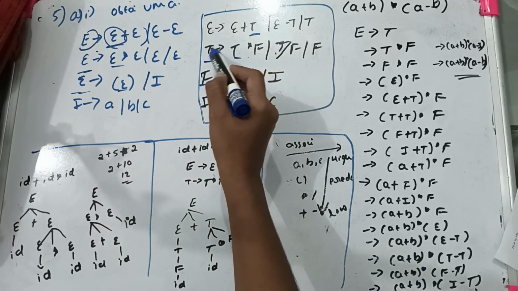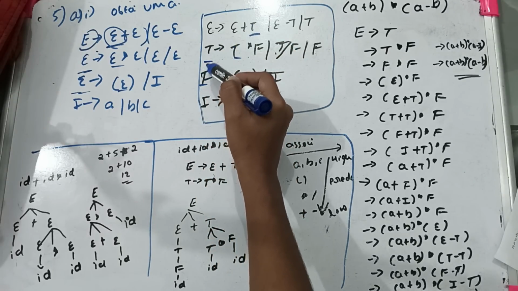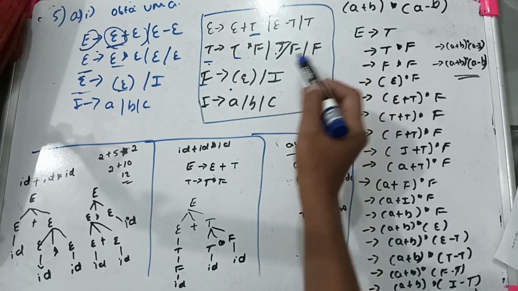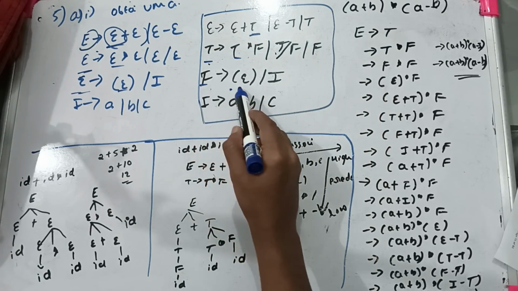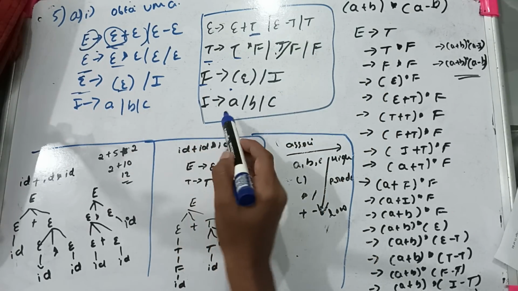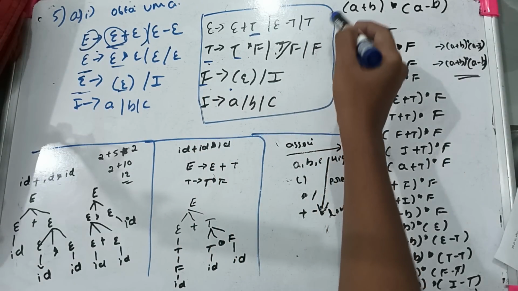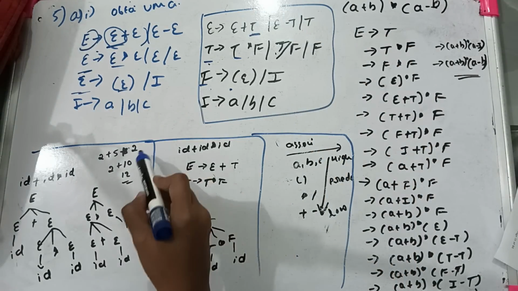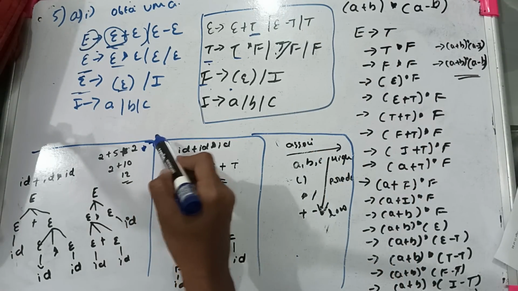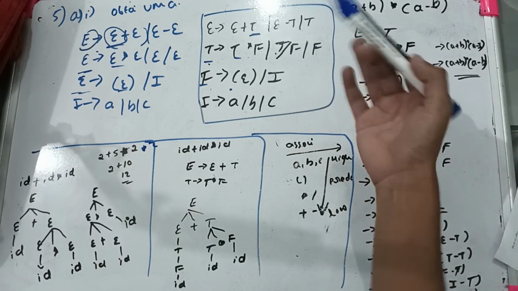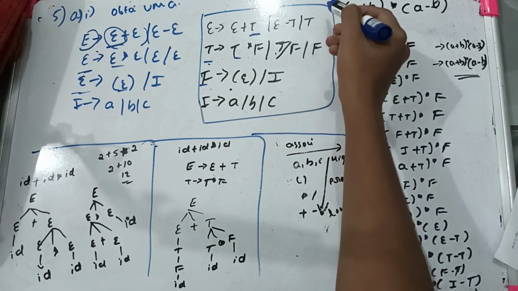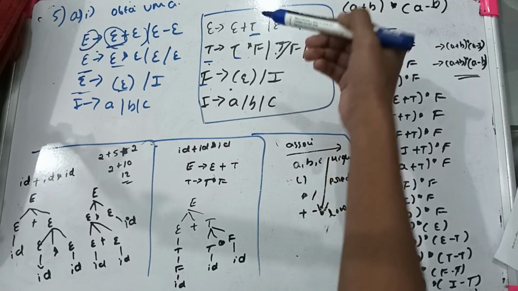Then I introduced T here, T star F, and T divides F, and F gives parenthesis E, and this is the same as it is. And why this T and F? Because it needs to iterate. If more numbers are added, it needs to give the multiplication more times, right? So I write T again to get an iteration.